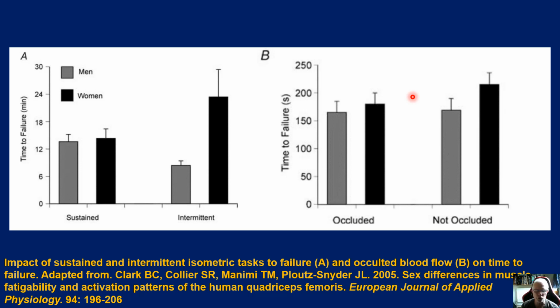So this is what happens when we occlude blood flow. Remember that one of the things we were arguing was under isometric conditions, you're reducing availability of both arterial inflow and venous outflow. So in this example here, it's not clear from the authors whether what they got was direct arterial occlusion.